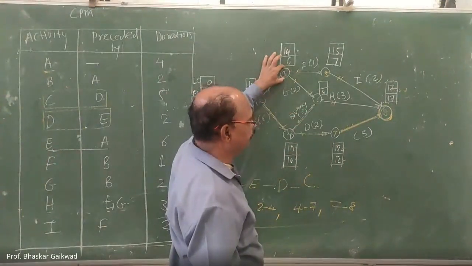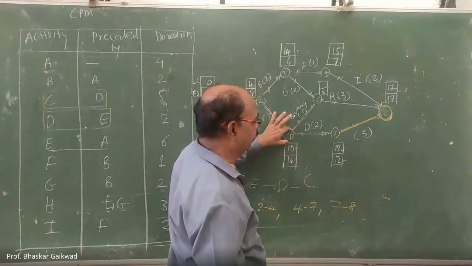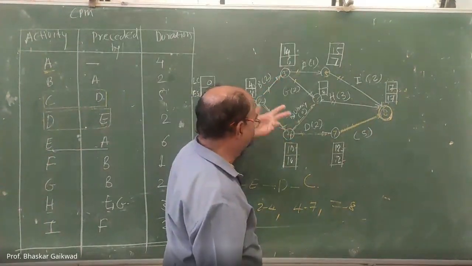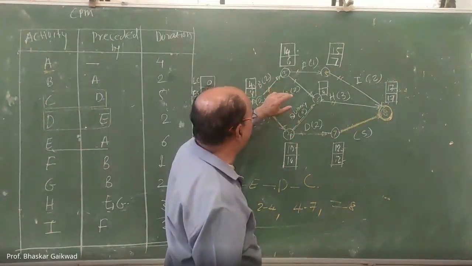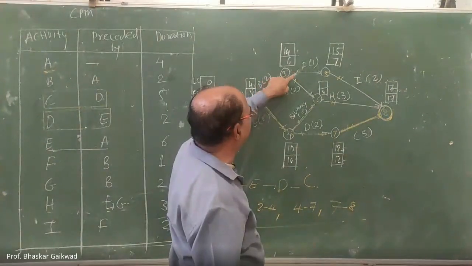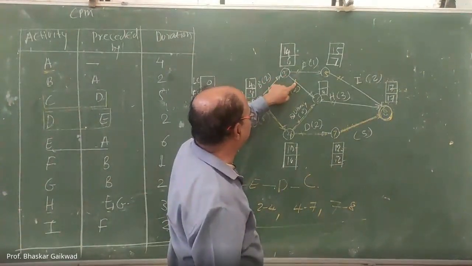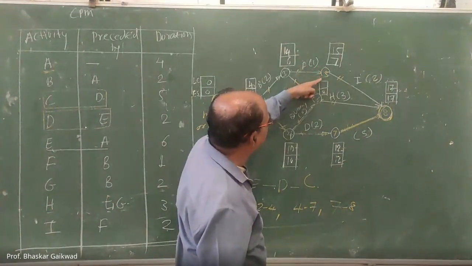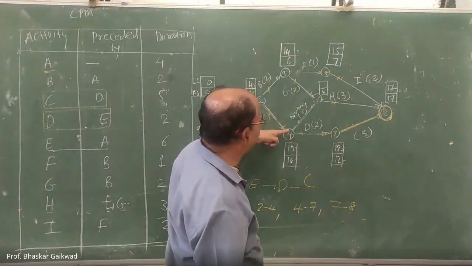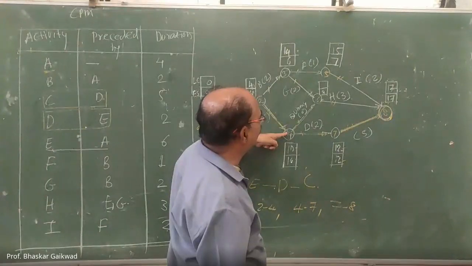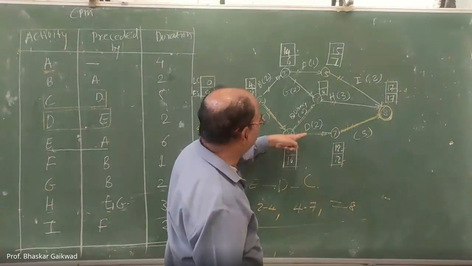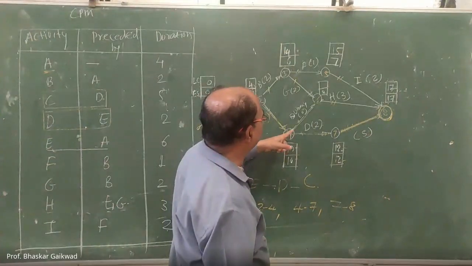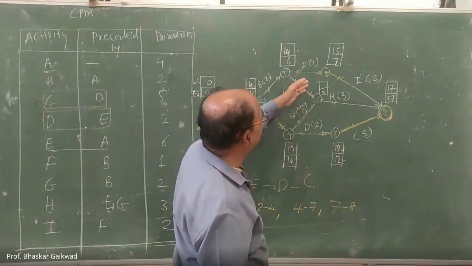Either you can give 3 number here or 3 number here, anywhere, no problem. If you give this 3 number here, no problem. 4 number here, no problem. Now I have given 3 number here; cancel this. After that, which are remaining? This is remaining, this is remaining, this is remaining. Out of these, more activities, there are 2, so you can give numbers here. After this 4, cancel this, cancel this.